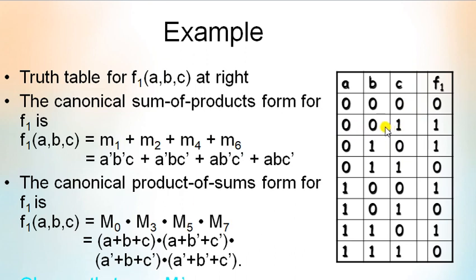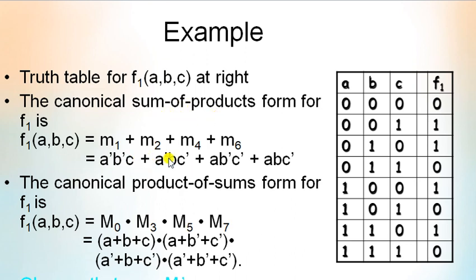For this value, in the column of A there is 0, so A dash, and under B the value is 0, so again we get B dash, and under C the value is 1, so we will write C. So for m1 we get A dash B dash C.